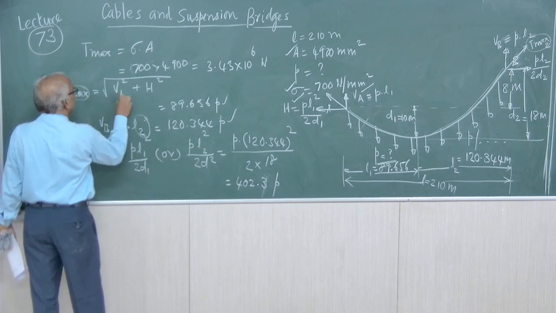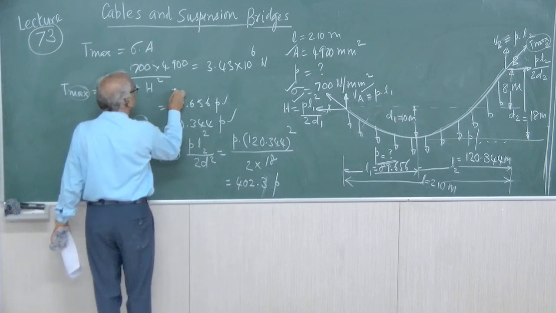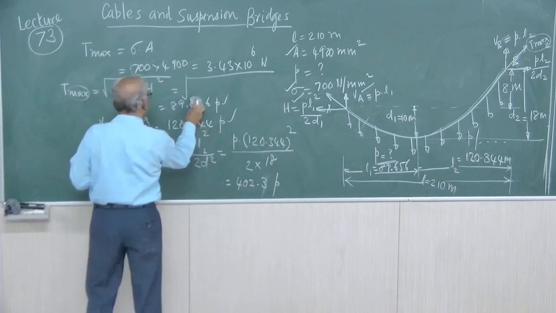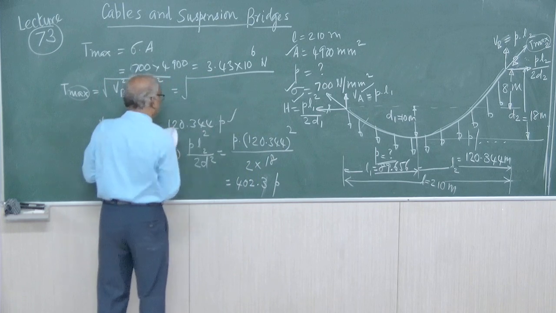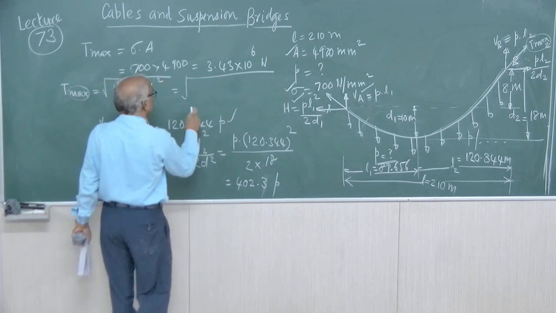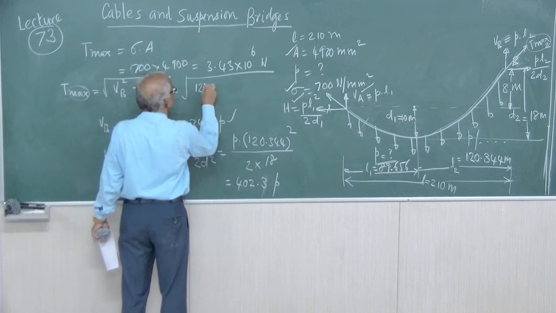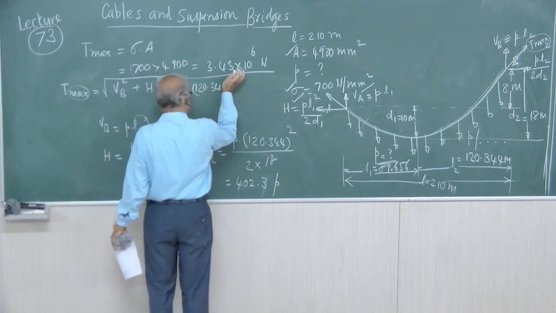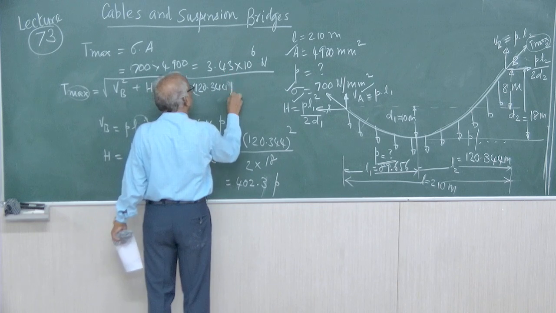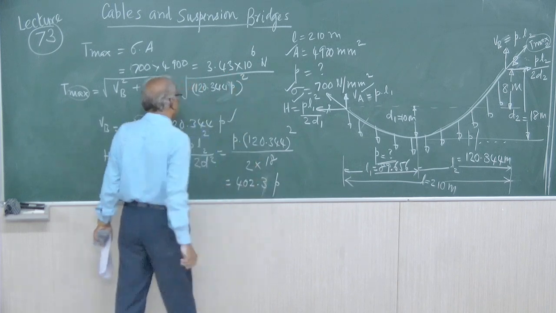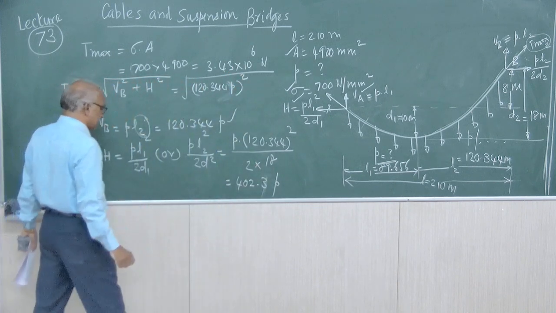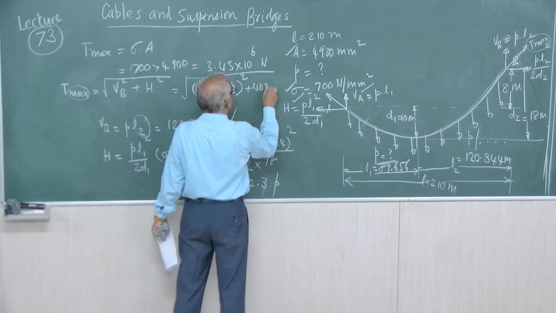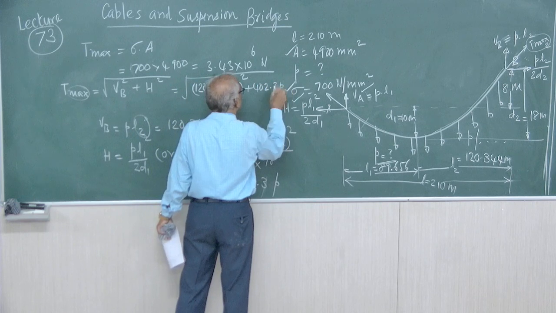Therefore T max equals root of VB square plus H square, which equals root of (120.344 P) square plus (402.3 P) square.